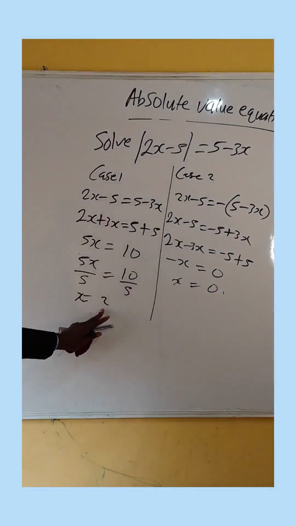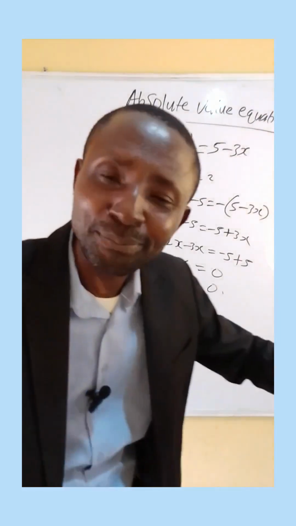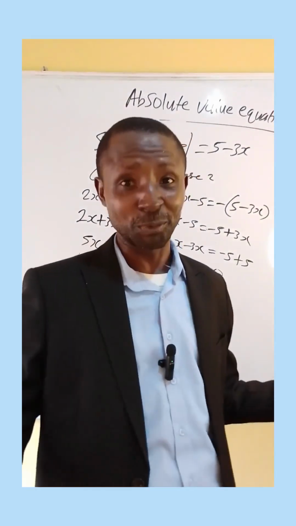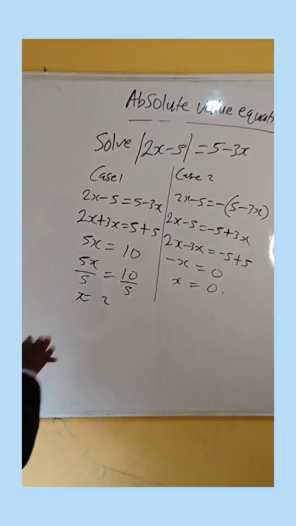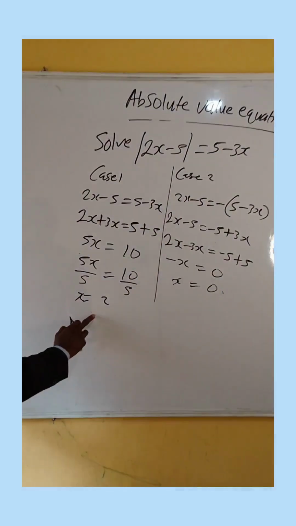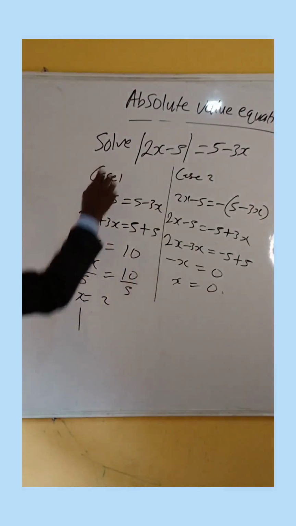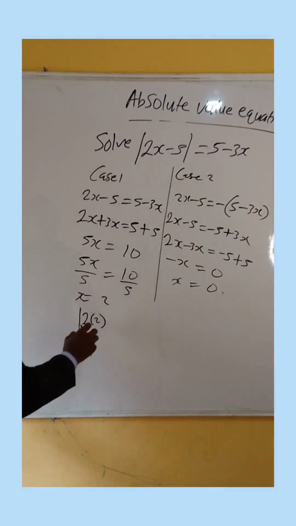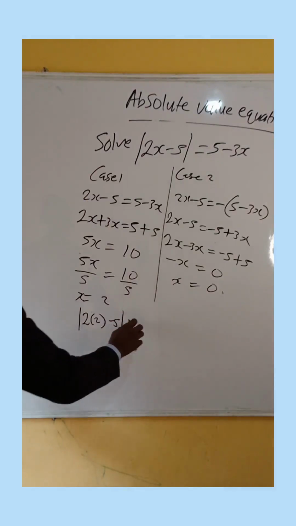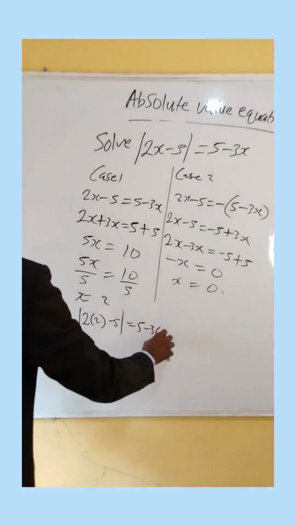Now, x equals 2 and x equals 0 are possible solutions. Which of them is a solution? Let's check. Don't forget from here, my x is now 2. I'll put it inside this place. So the absolute value of 2 bracket 2, then minus 5, equals 5 minus 3 bracket 2.